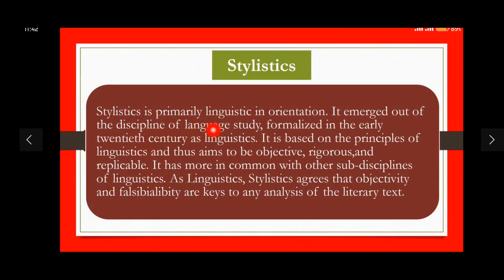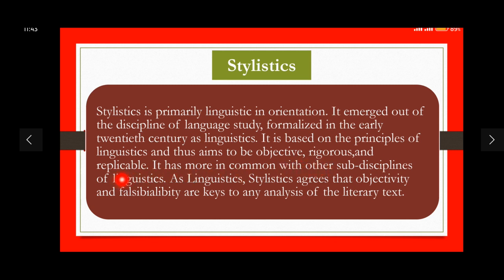Stylistics is primarily linguistic in orientation. So if we know about stylistics, we know it because of linguistics. It emerged out of the discipline of language study formalized in the early 20th century as linguistics. So it came out of linguistics. It is based on the principles of linguistics and thus aimed to be objective, rigorous, and replicable.